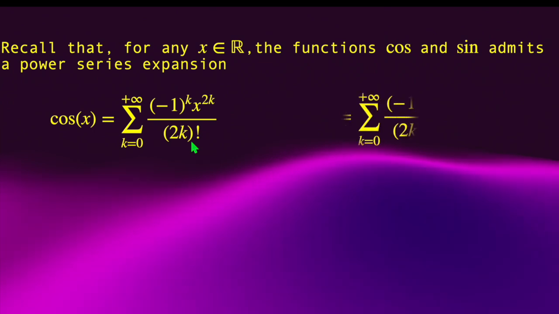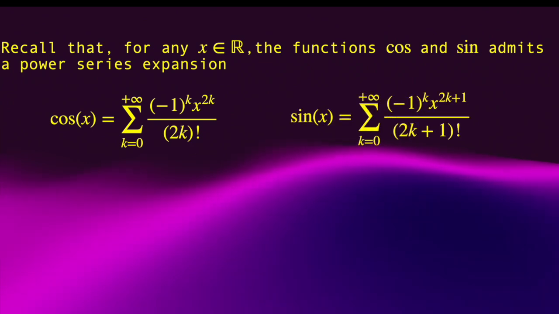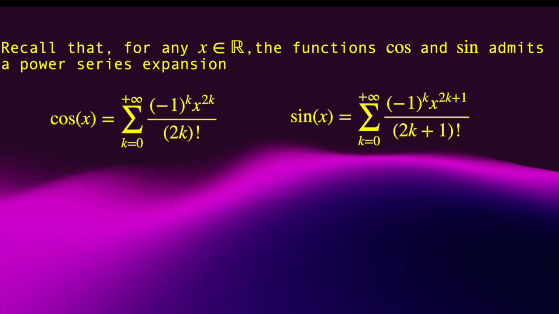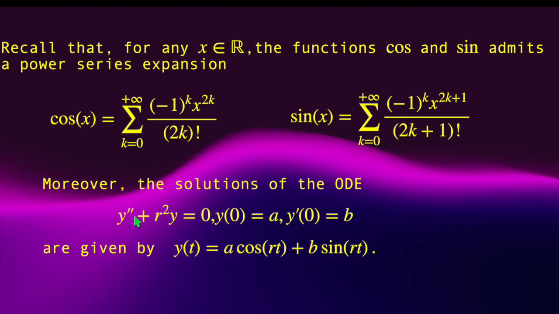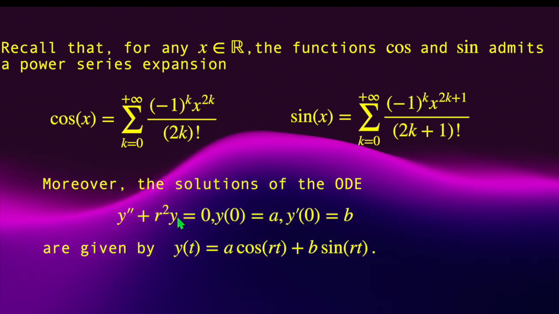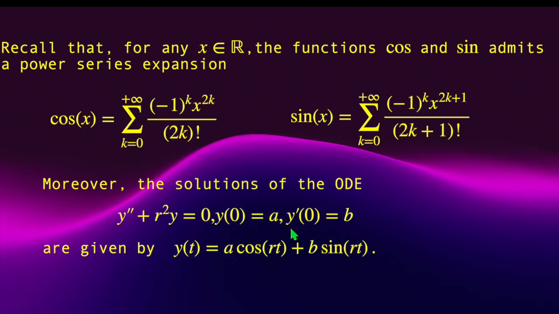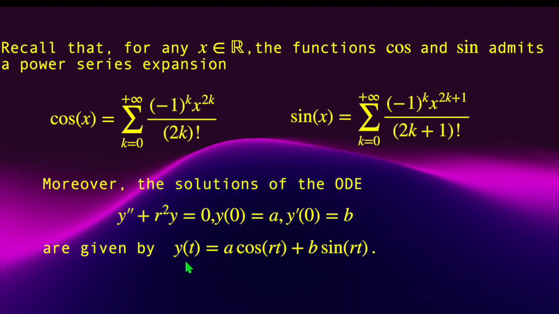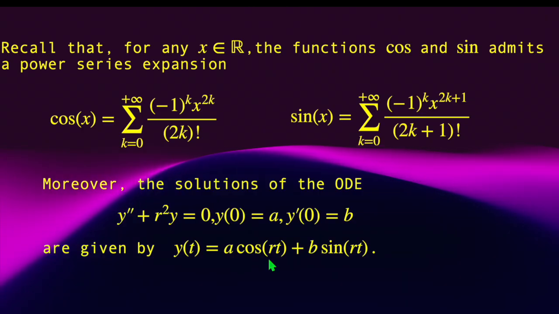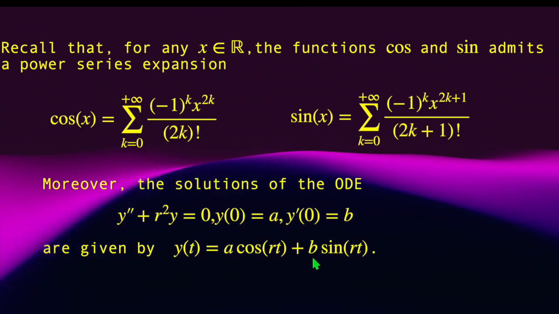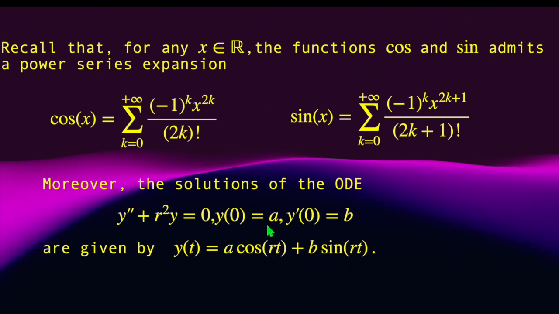And we have a similar formula for sine x. Moreover, we know that the solution of this ordinary differential equation is given by y t equal a cosine r t plus b sine r t.